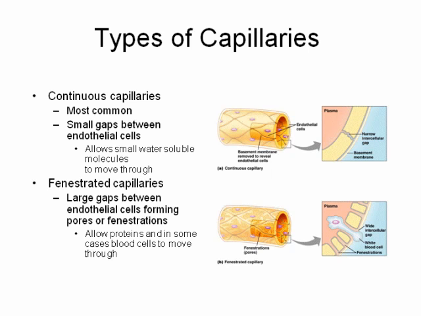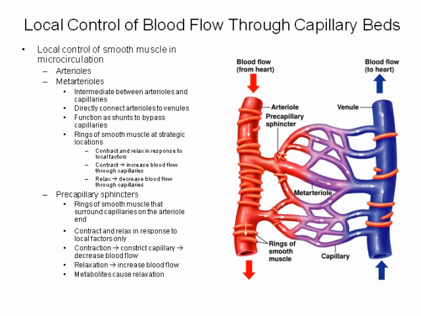But obviously, you're going to have different type of exchange going on depending upon if the capillary is continuous versus fenestrated, because a continuous capillary is only going to allow very small molecules to pass through.